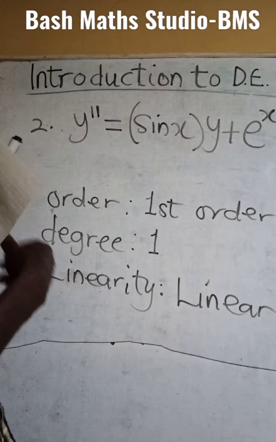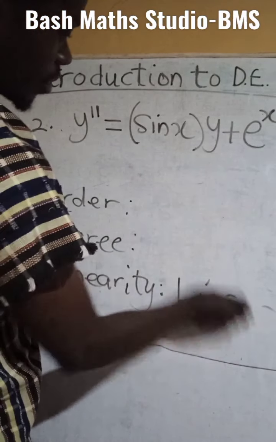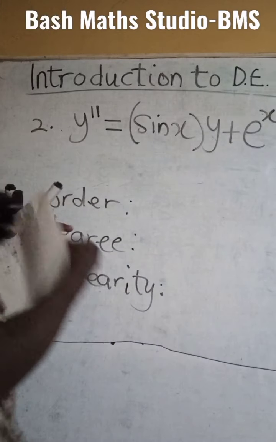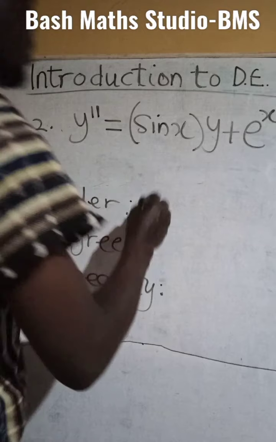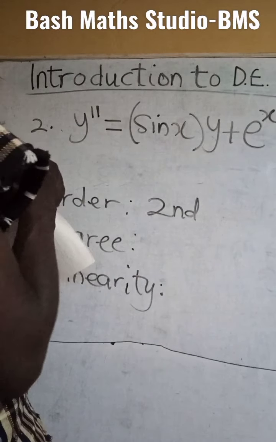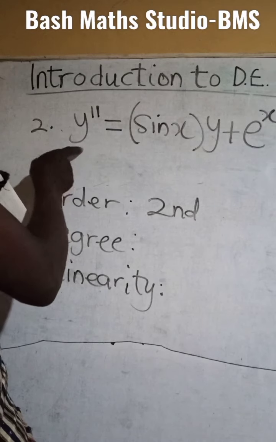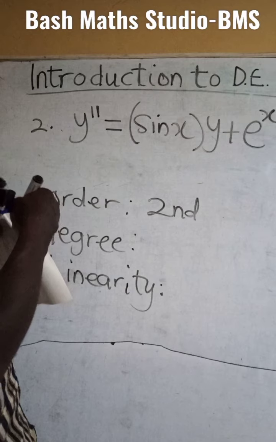So we have this equation. We want to see its order, degree, and linearity. So this is a second order, because the highest derivative is 2.